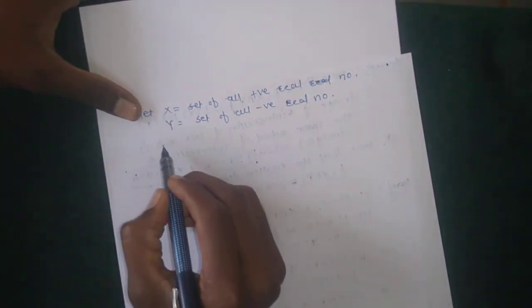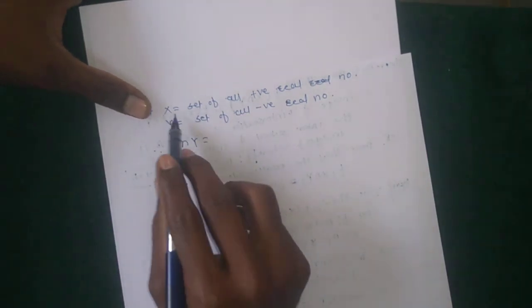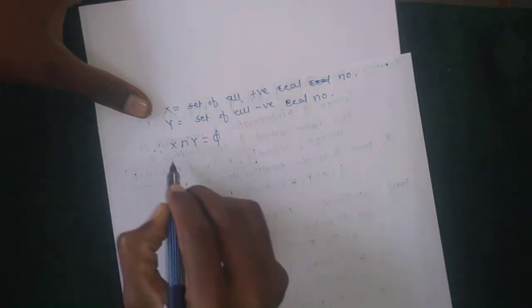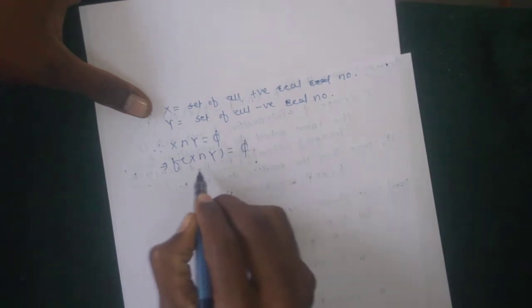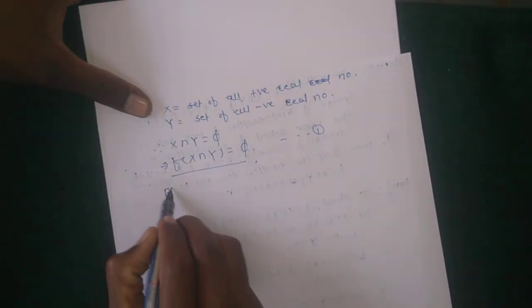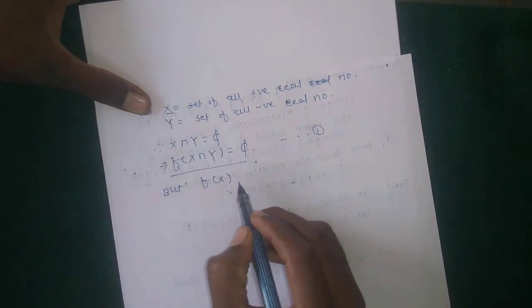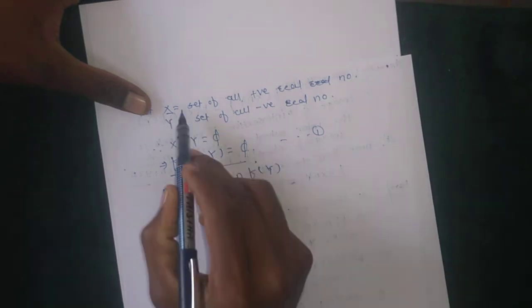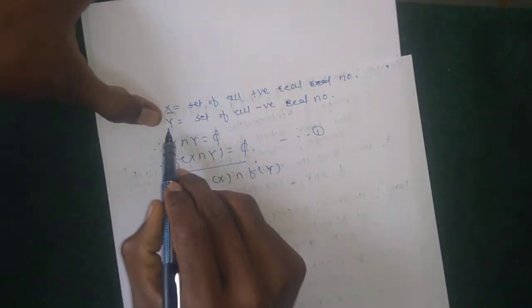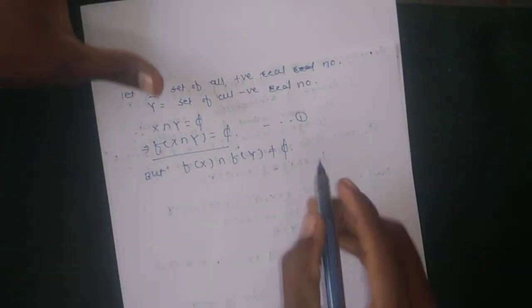Then the intersection of these two sets, x intersection y, is the empty set, which implies that the image of the intersection of the two sets is also the empty set. This is one. But f of x intersection f of y, the image of x intersection the image of y, is non-empty. Why is this non-empty?